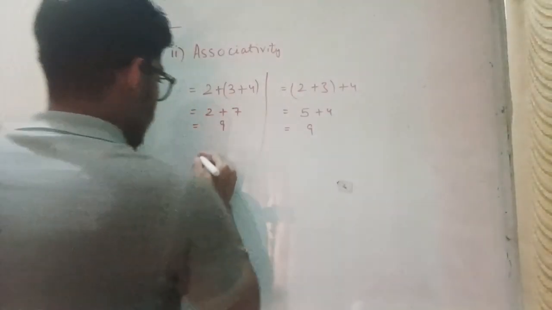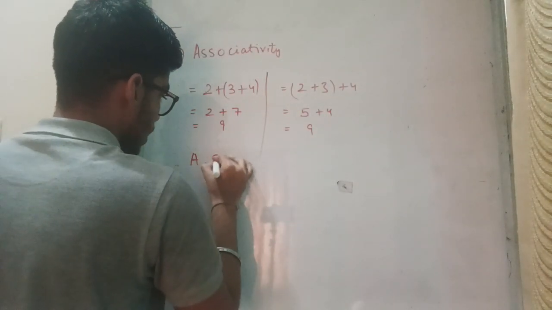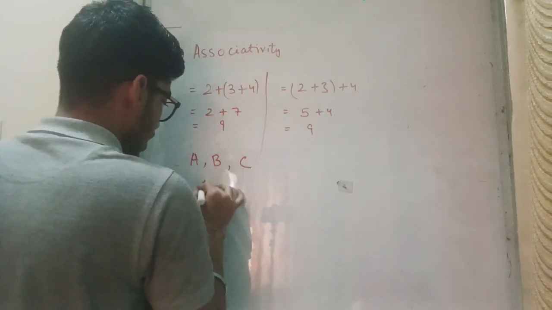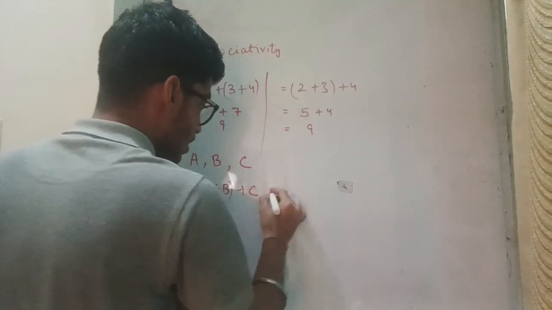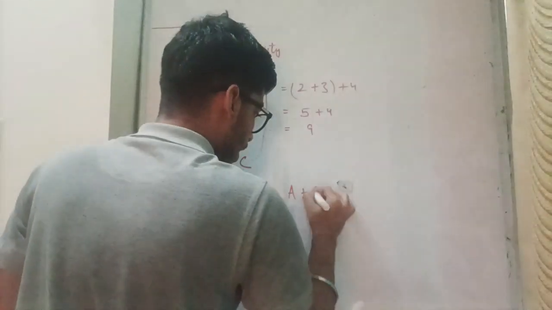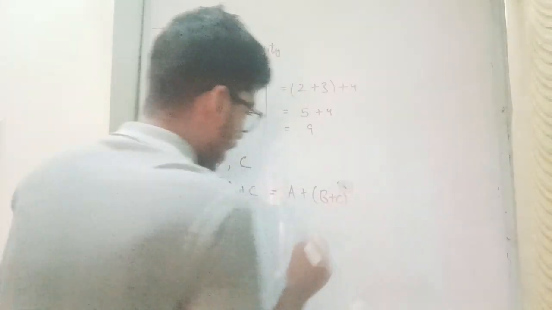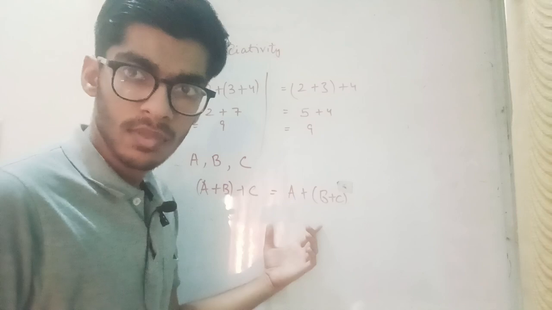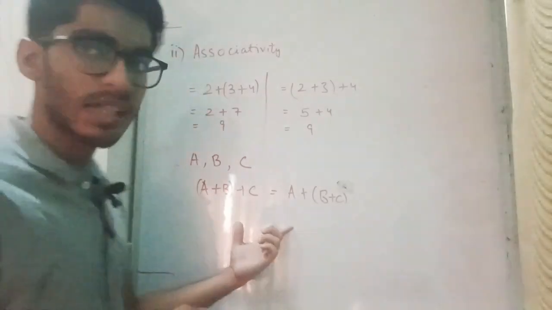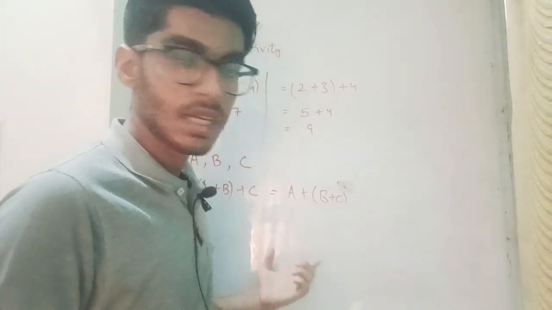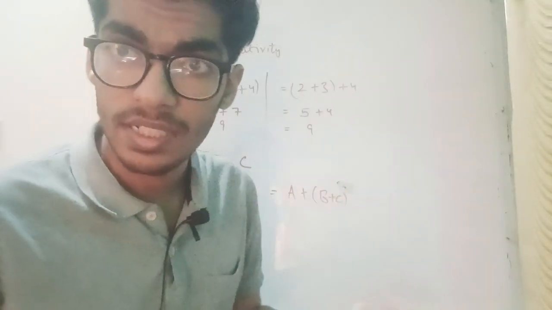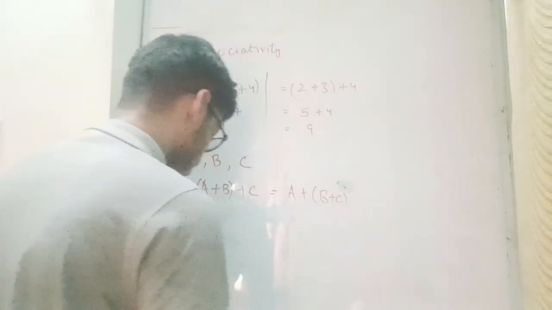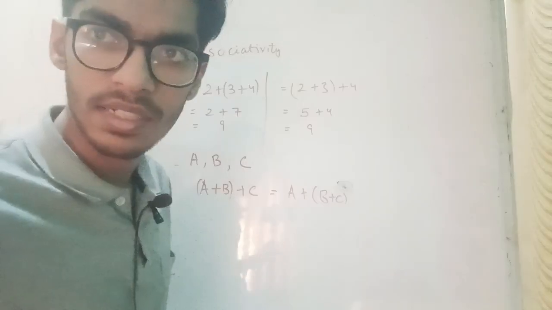So if I have three matrices A, B, and C, adding A and B first and then adding C is equivalent to adding B and C first, then adding A to them. And this property of matrix addition is what we call associativity of matrix addition.